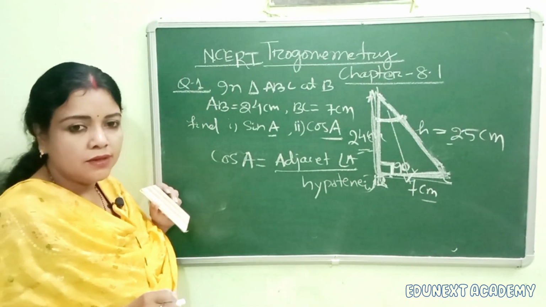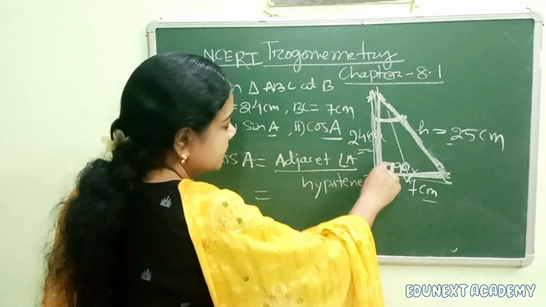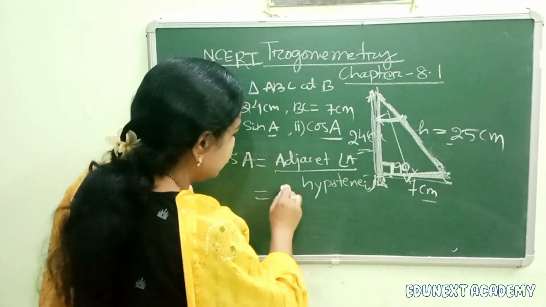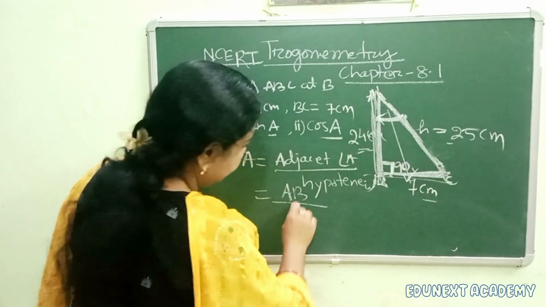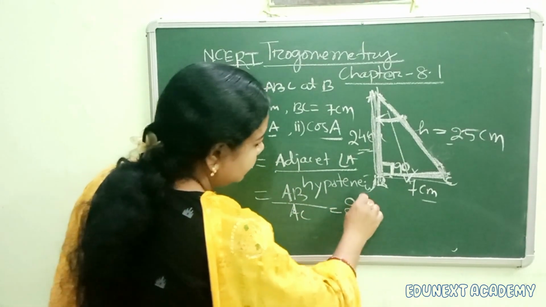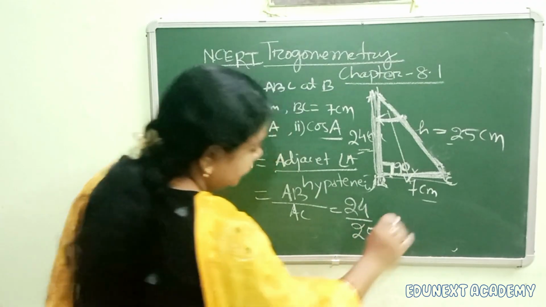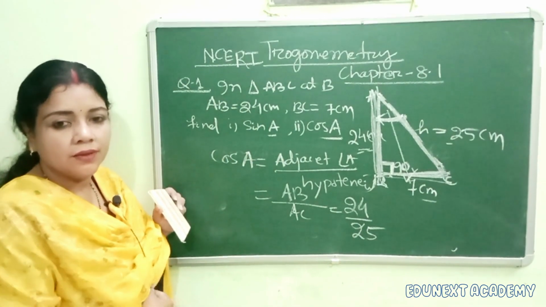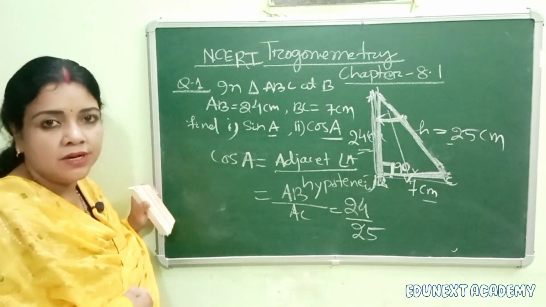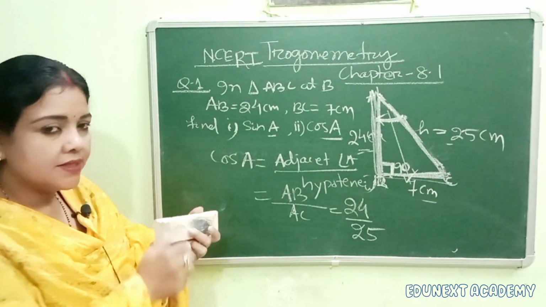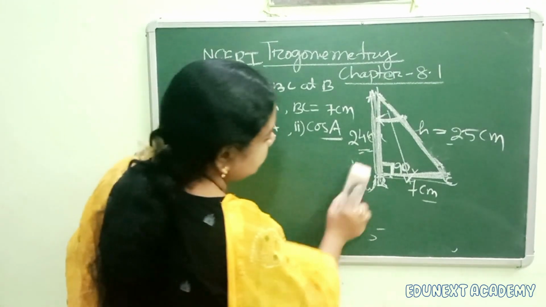Here, the adjacent side to A is AB, so it means AB by AC, that means 24 by 25. Now, this is question number 1 part 1. Another part is given. Let us find out.